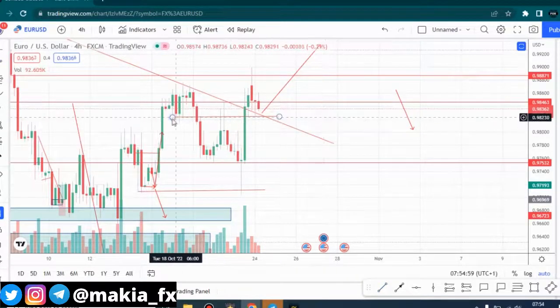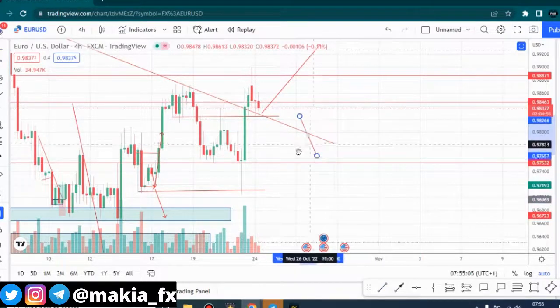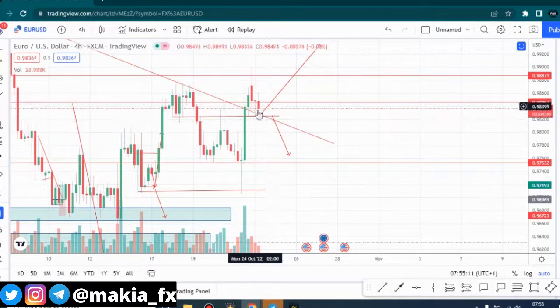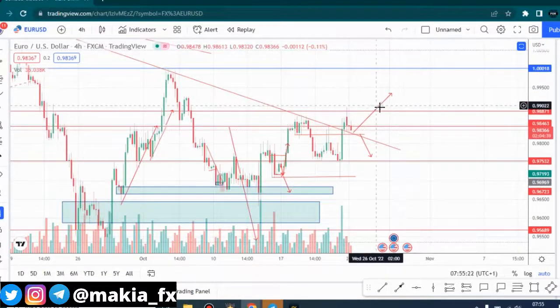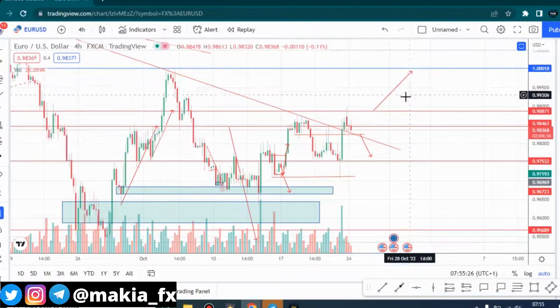Yeah, so if prices come to this area and break this neckline, I want to be looking for sells, hoping that it will fall down to this area before anything else. But if not, if prices just bounce off from this neckline and go up and break this particular resistance line, I'll be looking for buys. So that is it for today, and that's how we are going to trade Euro USD.